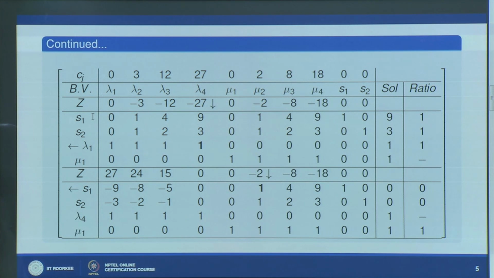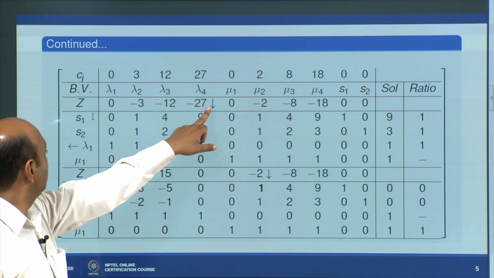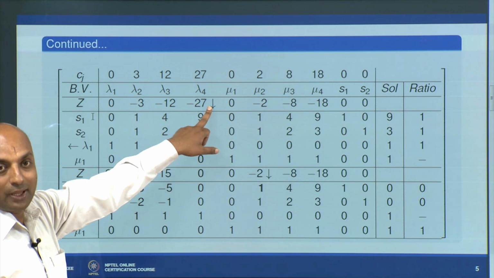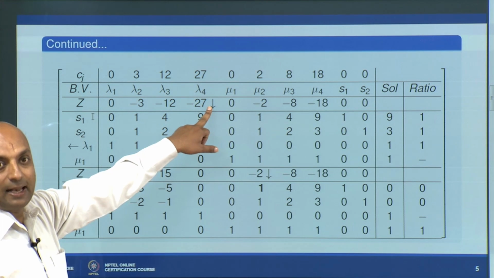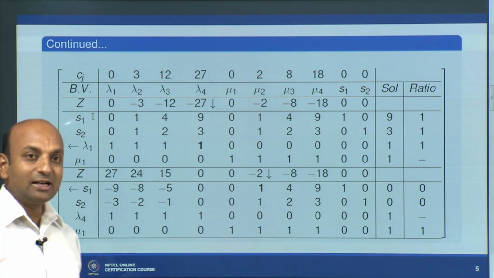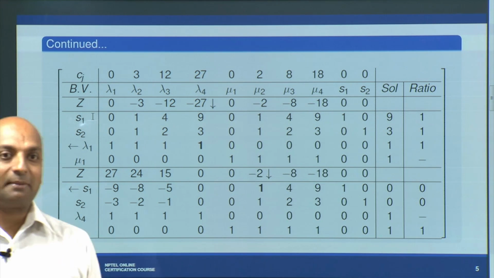Now, we are entering lambda 4. If lambda 1 is leaving, then it is okay, we can enter lambda 4.